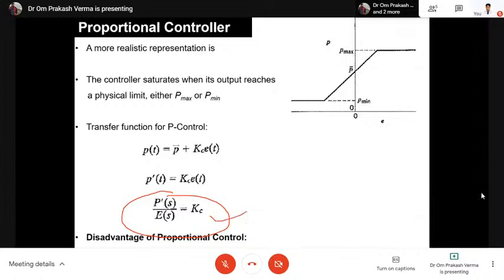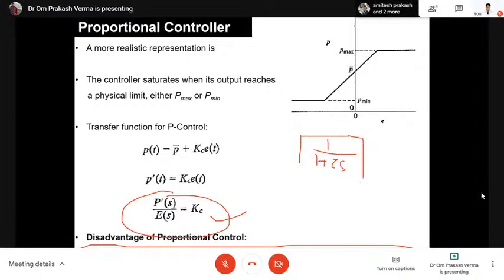Now we have discussed that the proportional controller always has offset. We have shown it with an example. Let's say there is a first order model, the tank system, with transfer function 1 upon tau s.